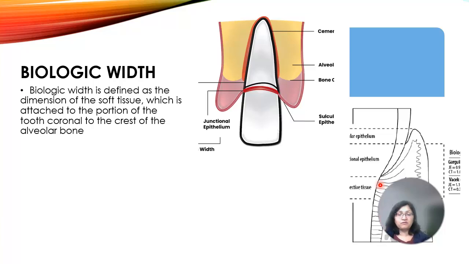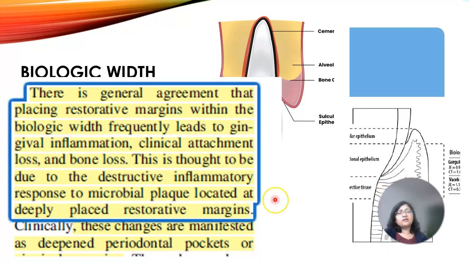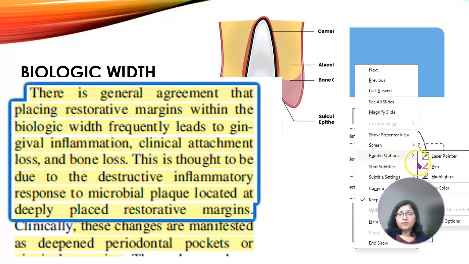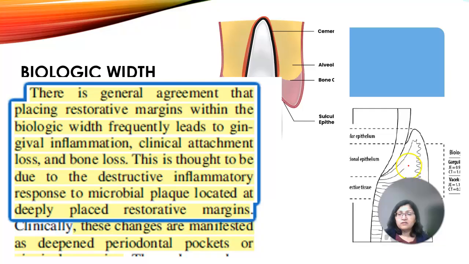I'm quoting some articles here: there is general agreement that placing restorative margins within this biologic width is a problem. Imagine there is a crown whose margin is coming in this area. That is what we are talking about with biologic width.